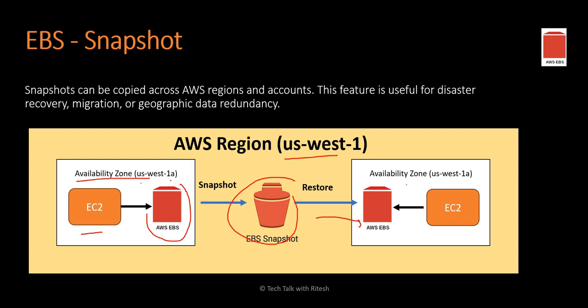So this one is US West 1A, but this is another availability zone, US West 1B. This is a typo, this is B or C. It's a different availability zone, so that is doable. We first create the snapshot, then we restore it to another volume.